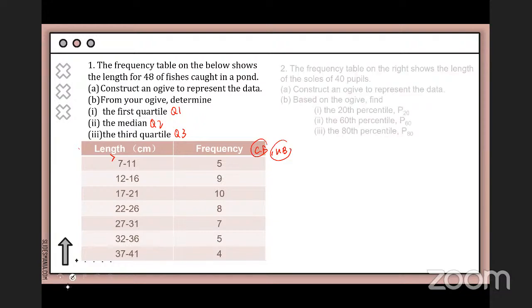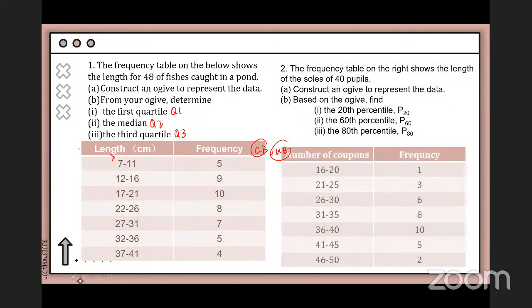Okay, so this will be the second question. And these 2 questions are the questions that I give to you as homework, and Jane can help me to send the Google Form links.